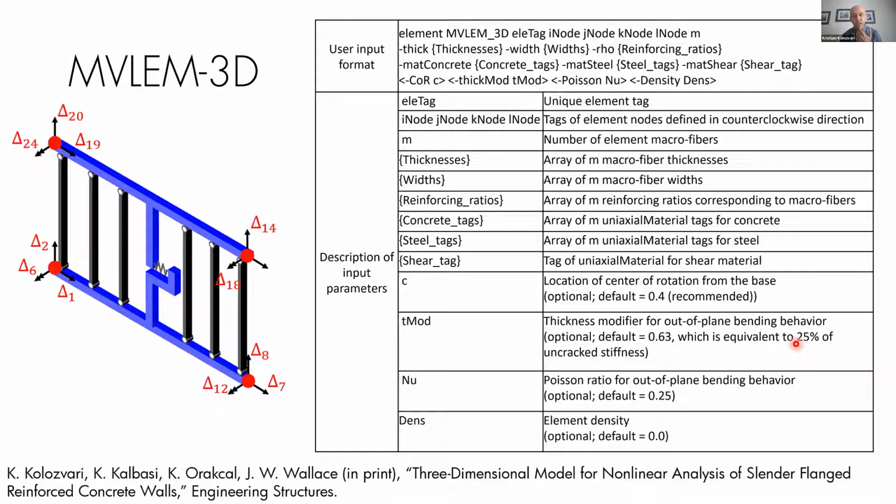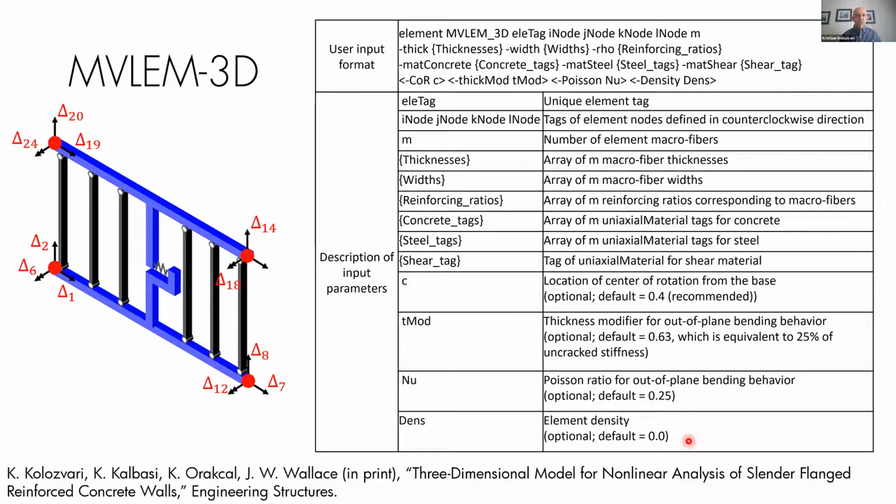If you want to use 0.63 to get 25% of stiffness, then you don't have to do anything. Same thing for the Poisson ratio and density. They're optional parameters with some default values for concrete, and for density I just put 0 because people model mass in different ways, so it's possible to add that as well. So that will be the input format for this element.